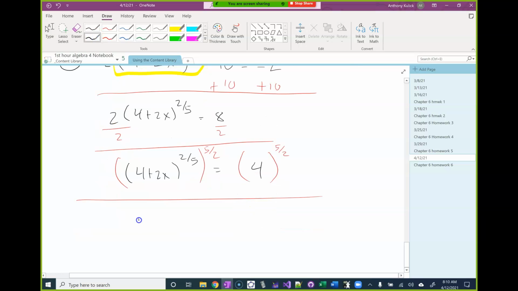So that's going to cancel the exponents there on the left side. And then if I did 4 to the 5/2 in my calculator, that's going to be 32. But what I've written here is not correct, or not completely correct, because I've forgotten something.